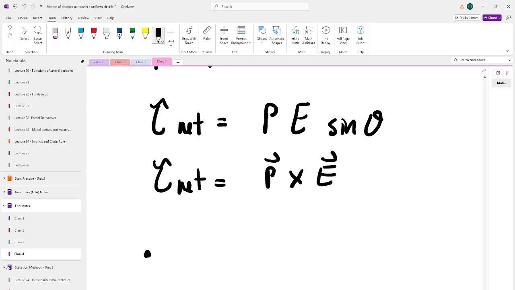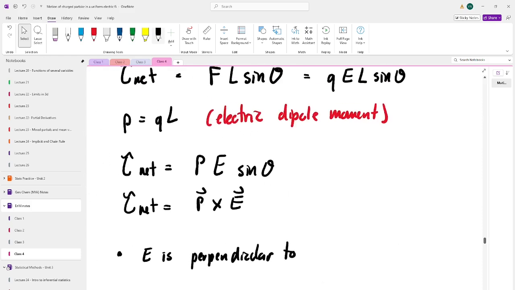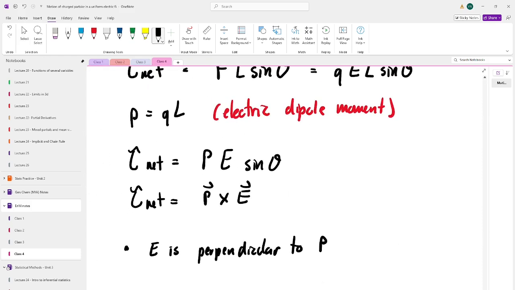So first of all, if the electric field is perpendicular to the dipole moment, so E is perpendicular to P, we get that the torque is the greatest, just because it's a cross product.